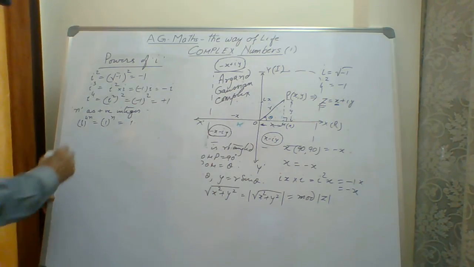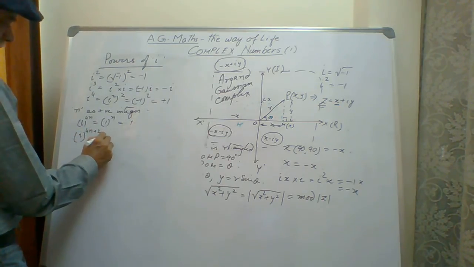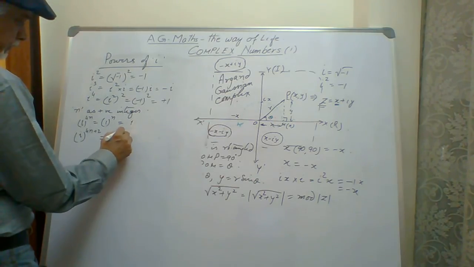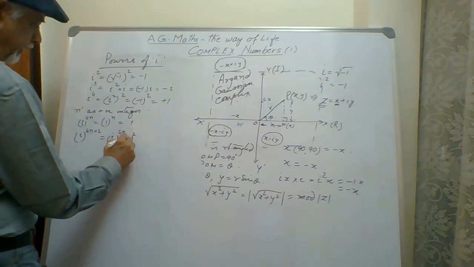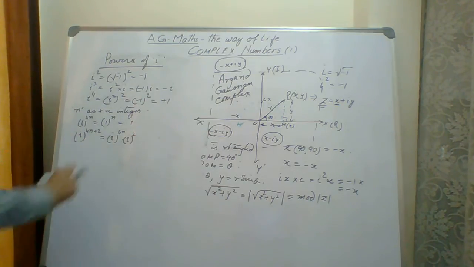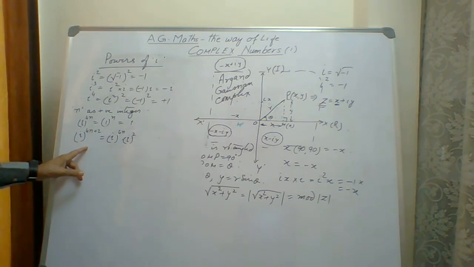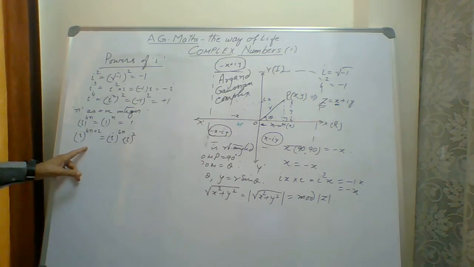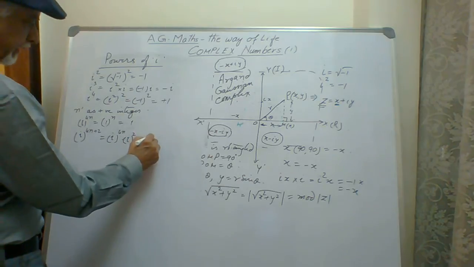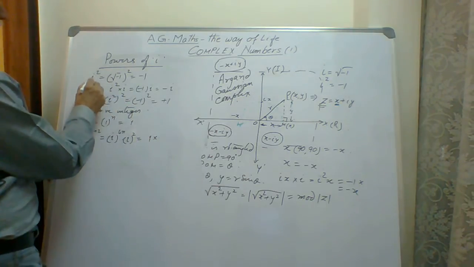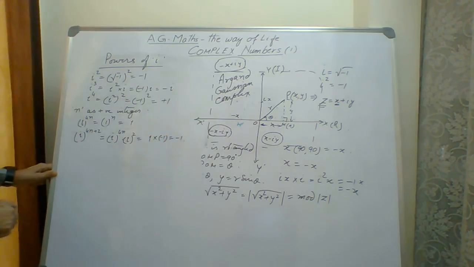If I say it is i power 4n plus 2, I can break it up as per the rule of indices as i power 4n and i power 2. So both product will give 4n plus 2, and this ultimately results in 1 into minus 1, because i power 4n is 1, and i square is minus 1, so the value is minus 1.